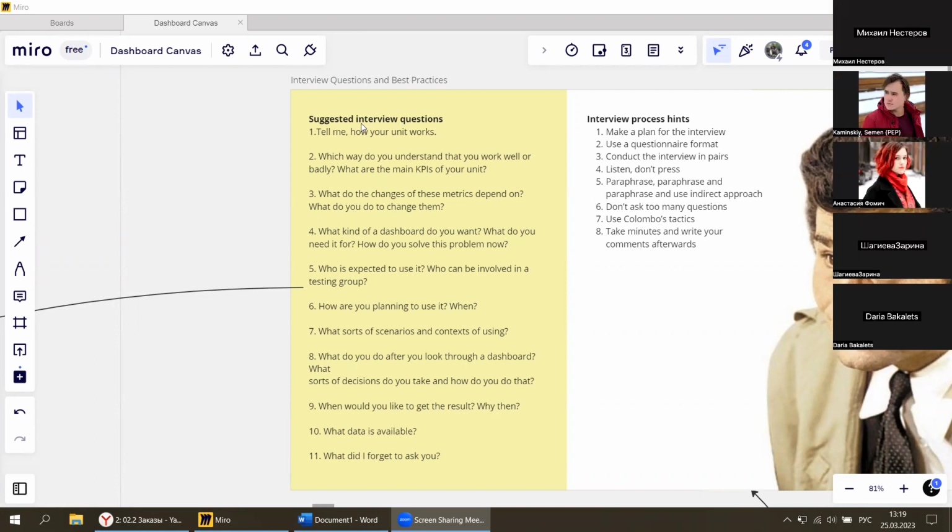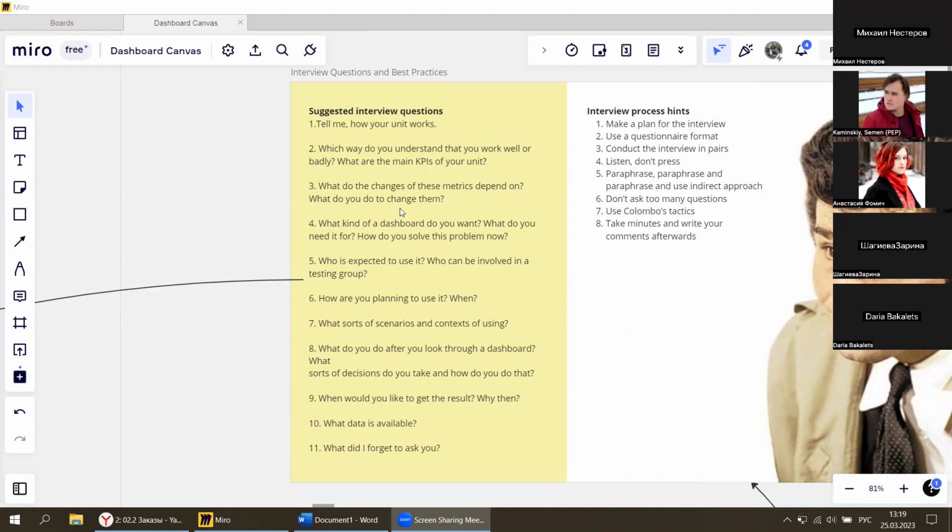You are creating a dashboard, but you should also check all of them, understand what they mean for you, and also be aware that sometimes you have something particular, something related only to your industry or your field.